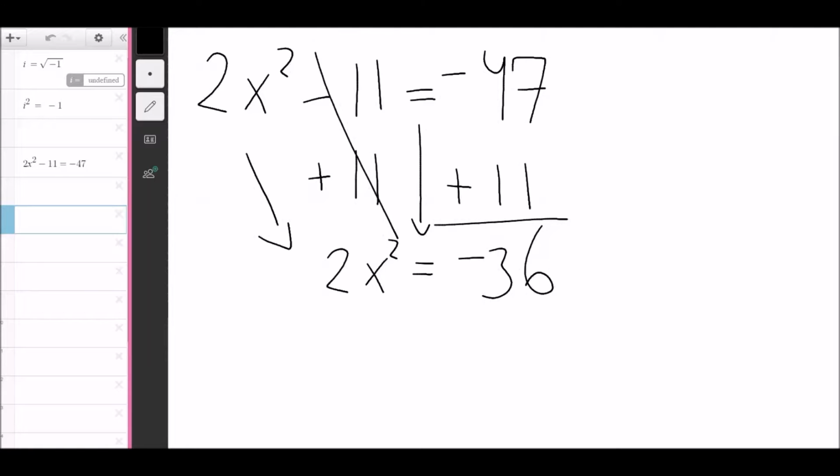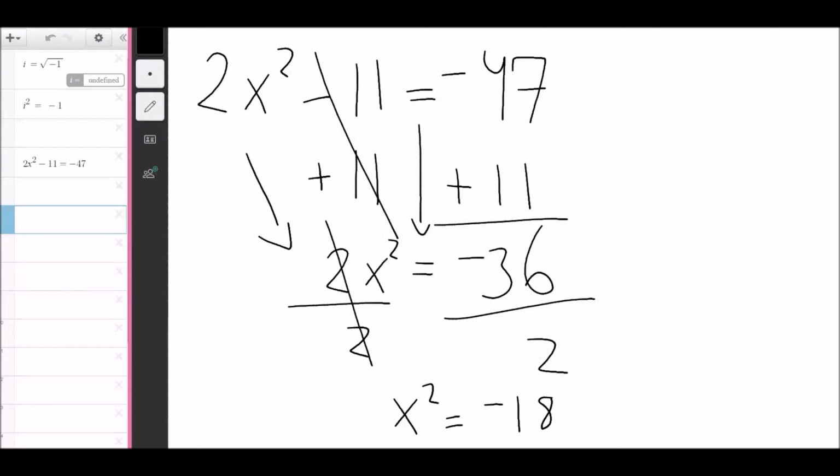And then you're going to divide by 2 on both sides. And that will become x squared equals -18.